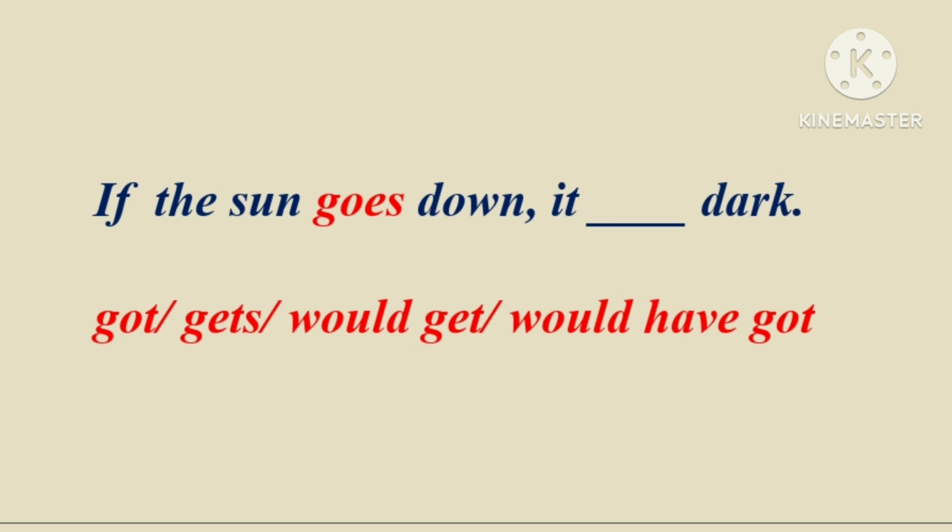What may be the right answer here? "If the sun goes" is in present tense, that's why we have to use "gets". If the sun goes down, it gets dark, because "goes" is simple present tense and the going down of the sun is a universal truth or scientific fact. That's why we use the simple present tense "gets".